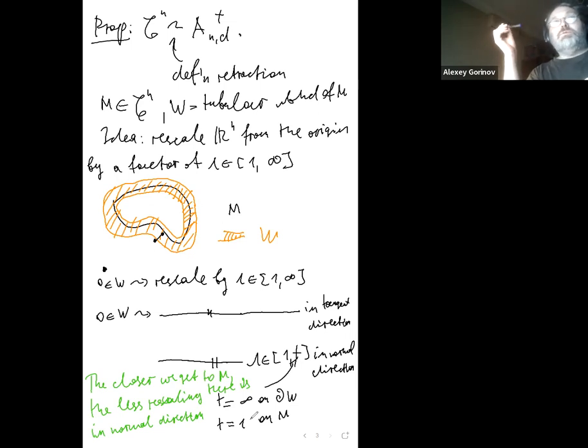In other words, what happens if M is in an affine plane of dimension d?